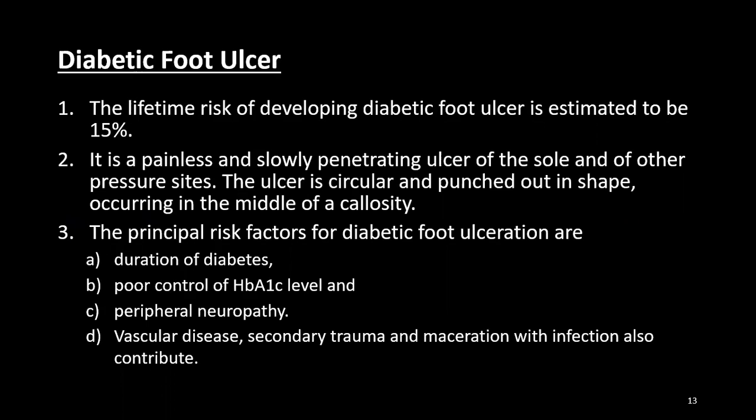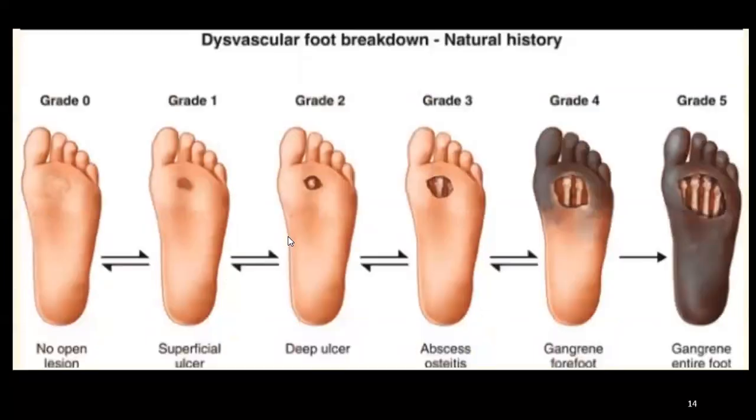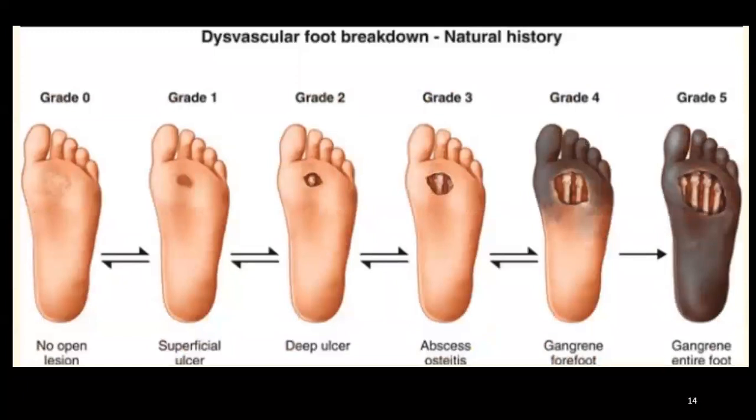And if the patient has vascular disease, secondary to trauma and maceration with infection, this also contributes to development of diabetic foot ulcer. These are the different grades of diabetic foot ulcers, starting from grade 0 and ending with gangrene of the foot.